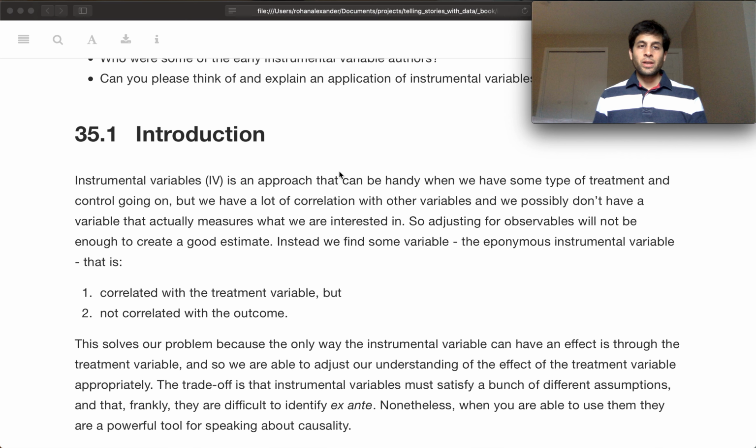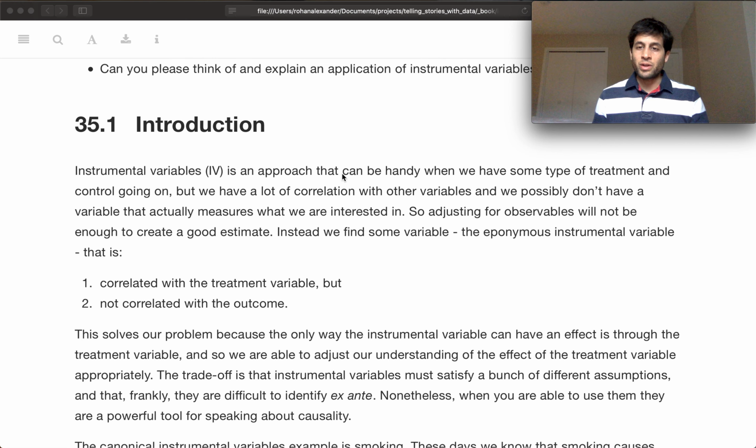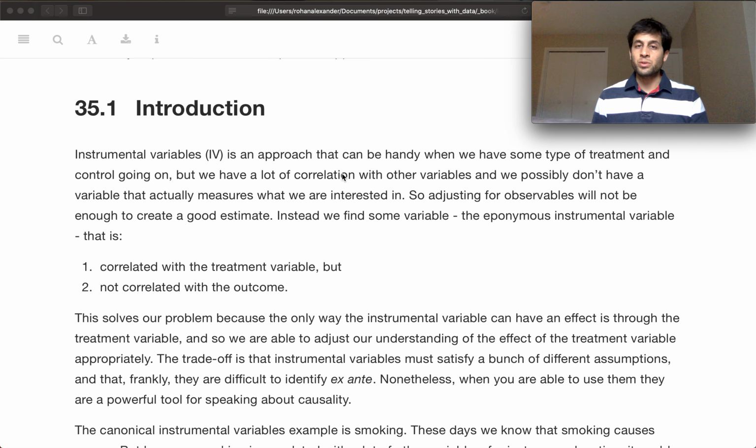Okay, so turning to the introduction. Instrumental variables is a very handy approach when we have a whole bunch of different things going on at once and we aren't able to set up an RCT, and so we want to be able to nonetheless speak to causality.